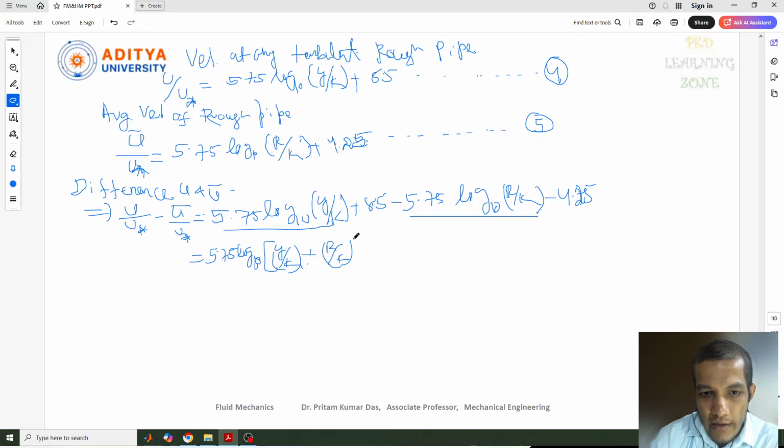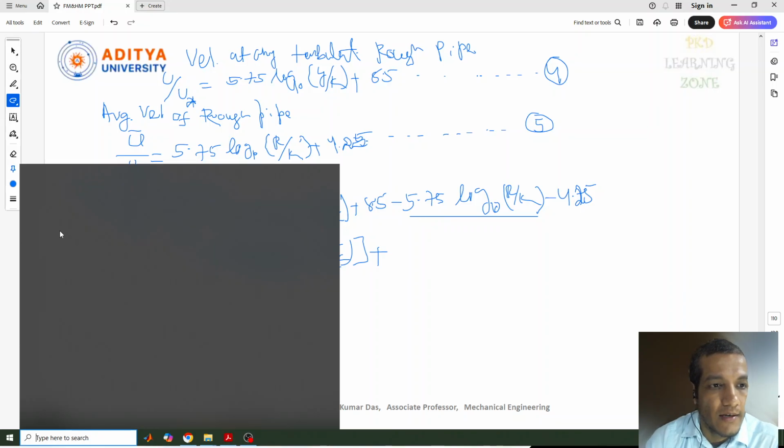This is r by k bracket close, and 8.5 minus 4.25, which will be near about 4.25 I hope. Anyway, so let's identify what the value will be.